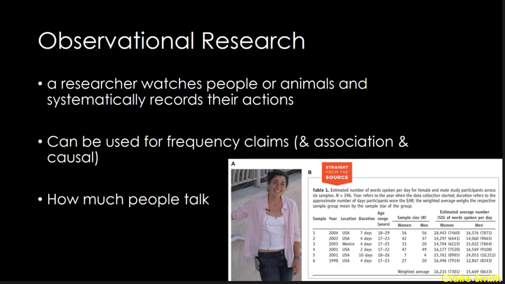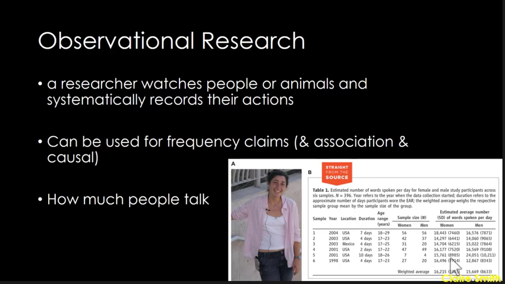So the study was done. They put microphones on males and females, recorded a certain percentage of the day, and then figured out how many words were spoken in a day. And they found that the average women spoke 16,215 words, men 15,669.